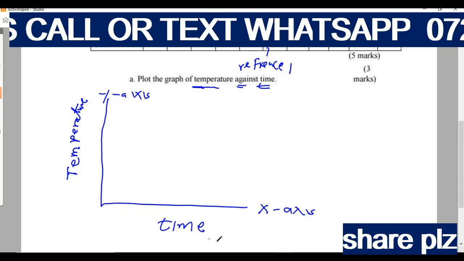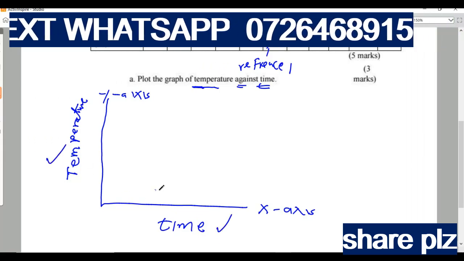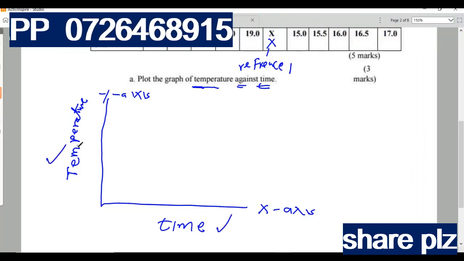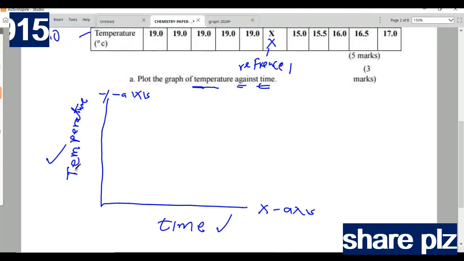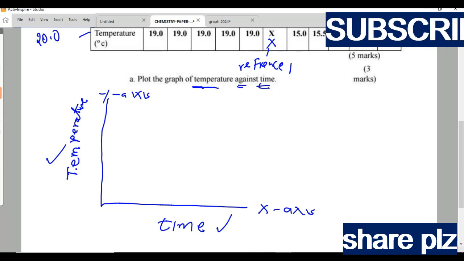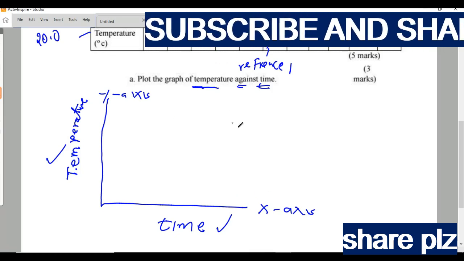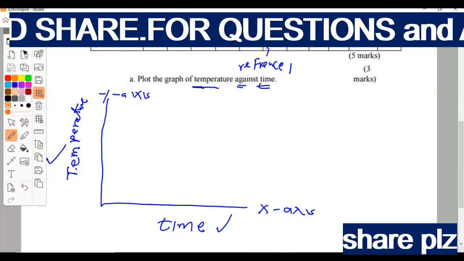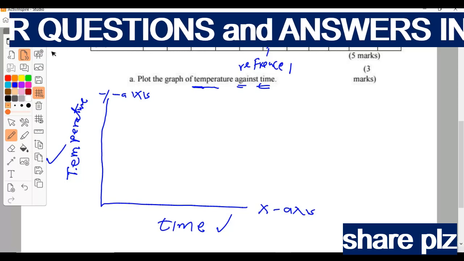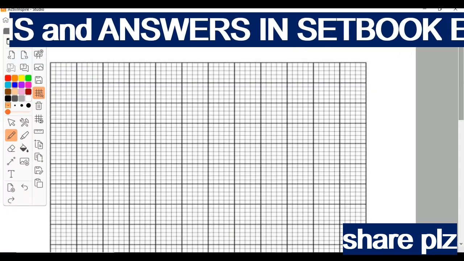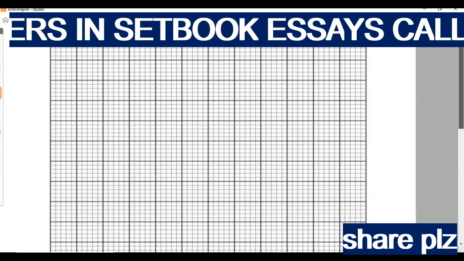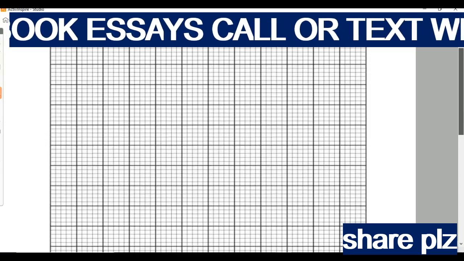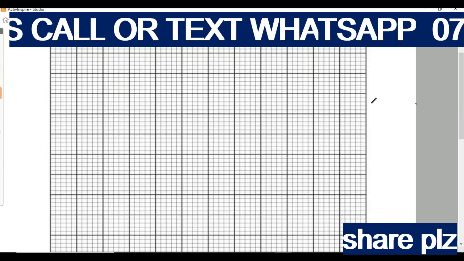That is the first thing you need to mark, because that is what is being marked. So this is temperature against time. This is our graph. You draw the axes and label them as I have told you.